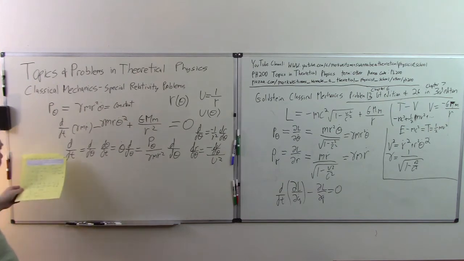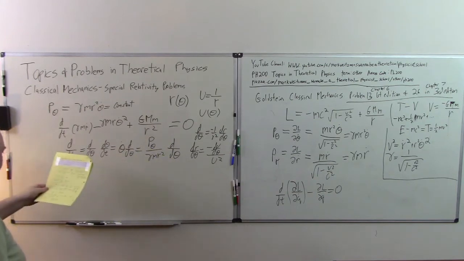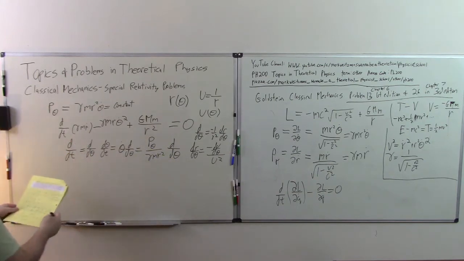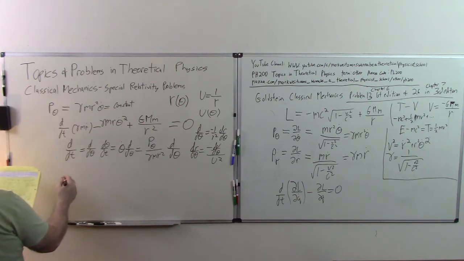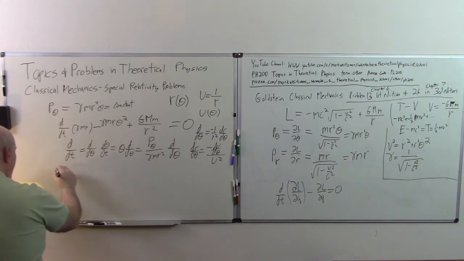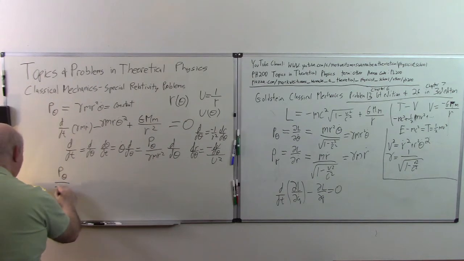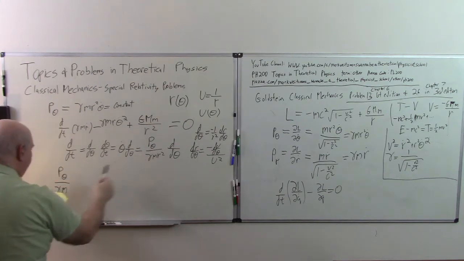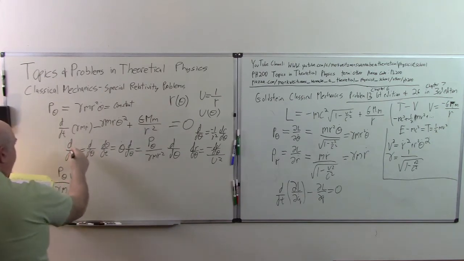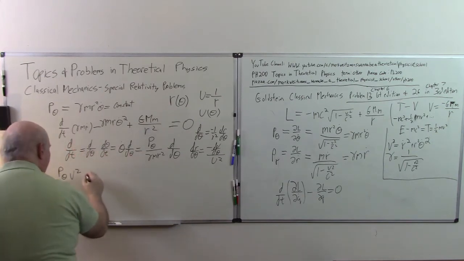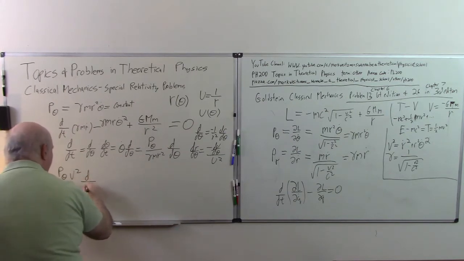So using these two things, the d/dt and this dr/d theta, if we substitute in here, we get a differential equation. So we're going to start with p theta over gamma m, and then for the r squared we just make that u squared. And then we have the d/dt term, which we'll use over here, d/d theta.